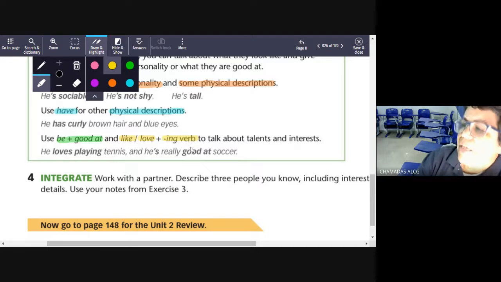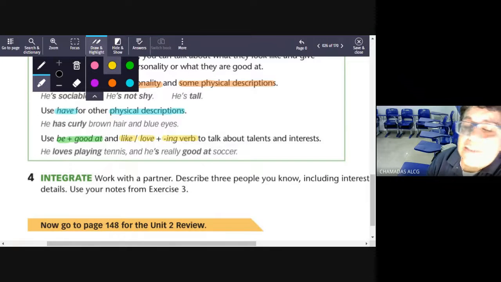Okay, guys, here I can use a verb or a noun. If I use a verb, I should put the verb in ing, like here. He loves playing tennis. But I can also say he loves tennis. It's okay if I want, okay?